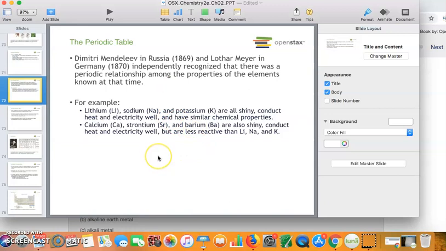For example, lithium, sodium, and potassium are all shiny. They conduct heat and electricity very well, and they all have similar chemical properties. Calcium, strontium, and barium are also shiny and conduct heat and electricity well, but they are less reactive than lithium, sodium, and potassium.